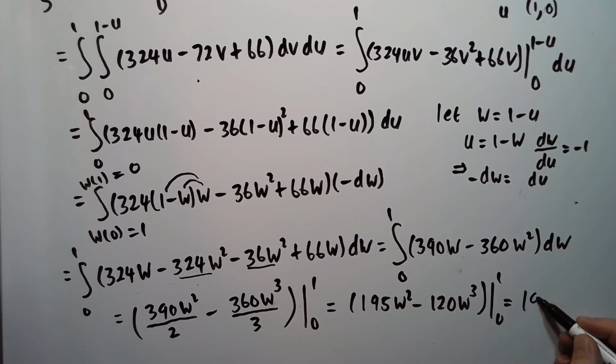So it'll be 195 minus 120, and that becomes 75. So 75 is our answer. That's the flux over the original triangle of that vector field. Okay, so we're done.